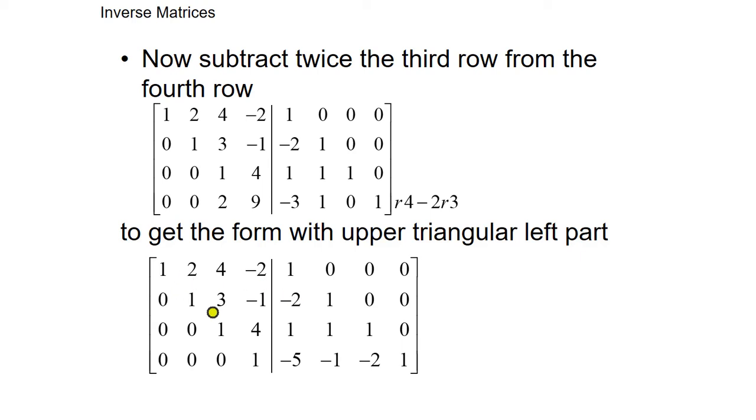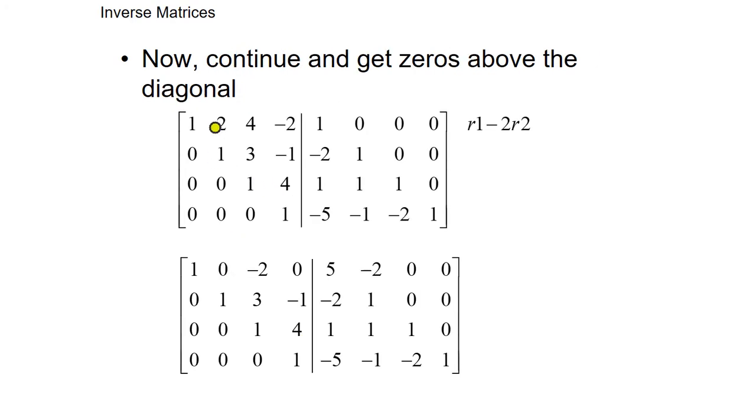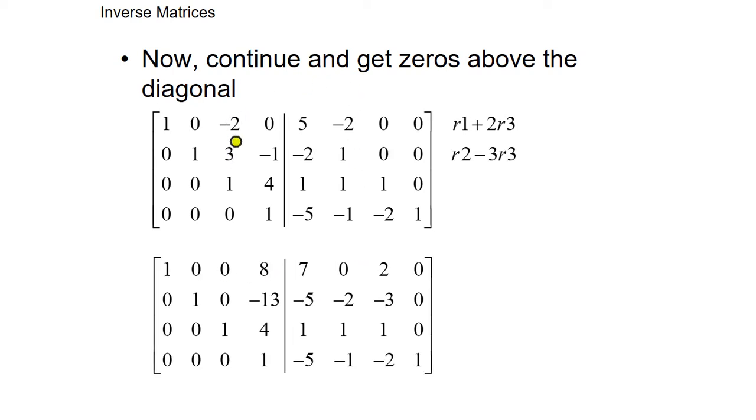But now we want to get zeros above the diagonal. So let's take row 1 and we'll subtract off twice row 2 in order to get a 0 here. The other entries in row 1 will change. So we've got a 0 here. Then we look for zeros in the 2 positions here. So we'll take row 1 plus twice row 3, row 2 minus 3 row 3.